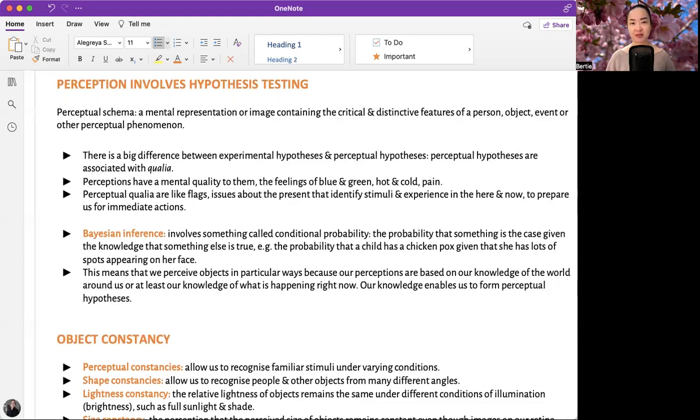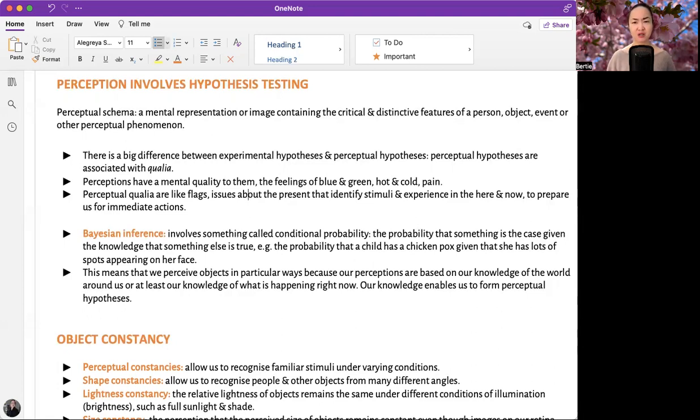Bayesian inference involves something called conditional probability. The probability that something is the case, given the knowledge that something else is true. For example, that a child has chicken pox, given that she has lots of spots appearing on her face.